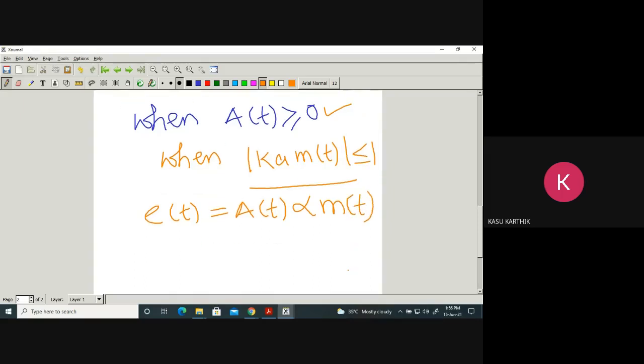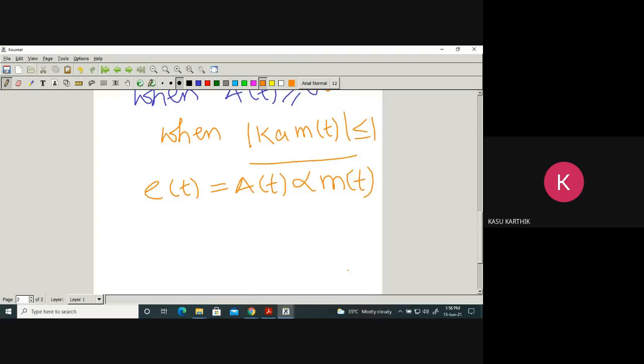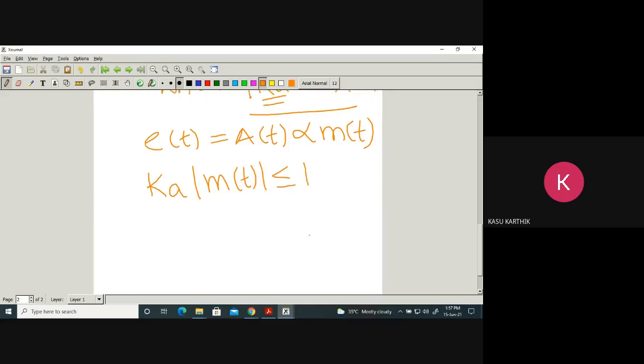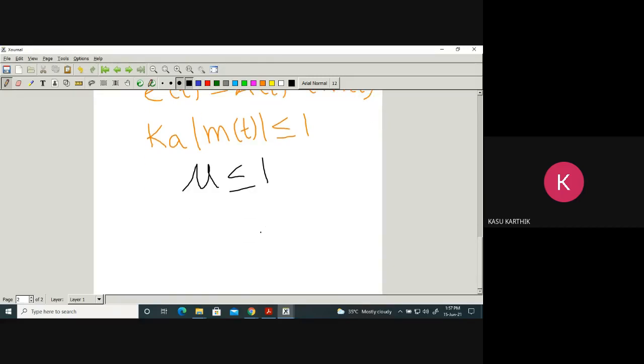Here, the amplitude of the carrier is positive whenever Ka is a constant, and I am writing it outside the mod operation: Ka mod m of t is less than or equal to 1. This is a desirable condition, but we know already that generally mu must be less than or equal to 1. The formula of mu equals Ka into mod of m of t.